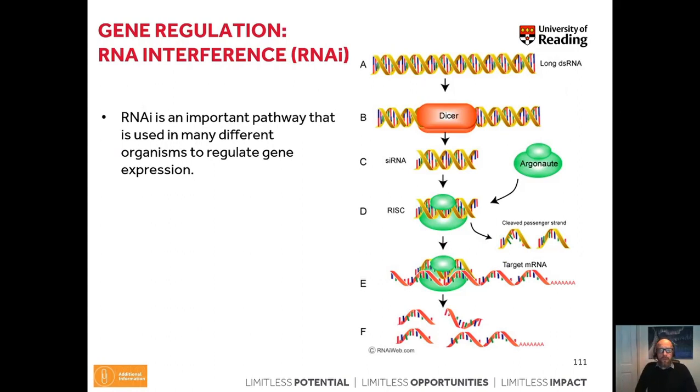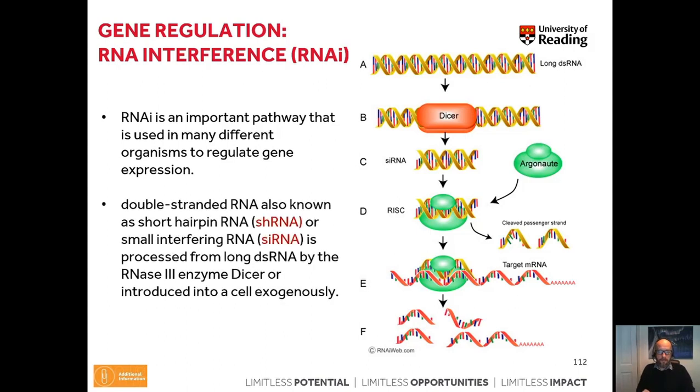Another level of gene regulation is by modification of mRNA, and RNA interference is actually a very important pathway in human cells that is used in different organisms to regulate gene expression. During RNA interference, double-stranded RNA molecules are produced in the cell, and this is actually fairly unusual because in our normal cells, single-stranded RNA is the norm.